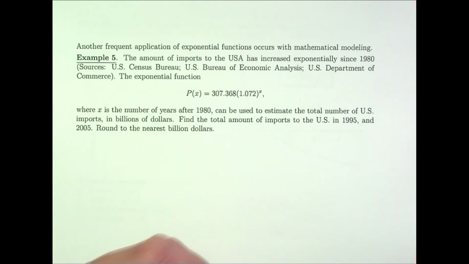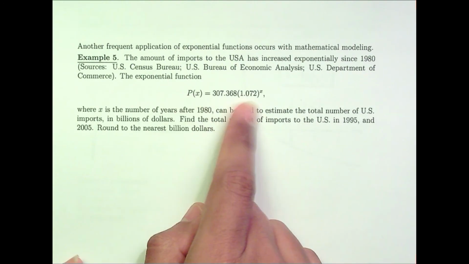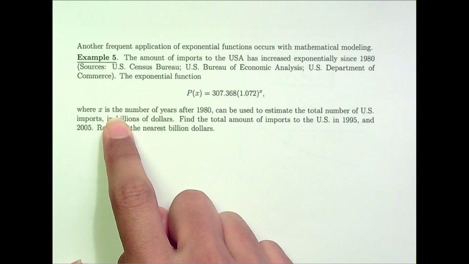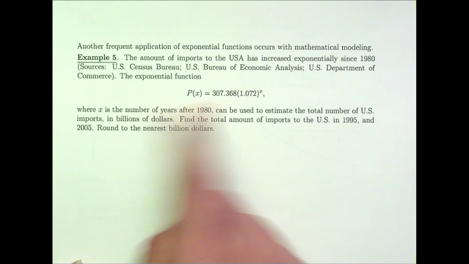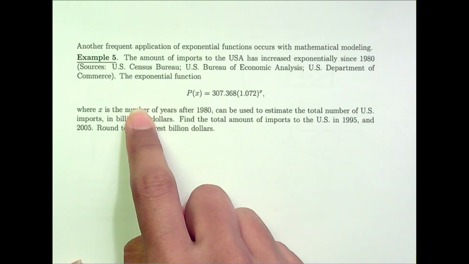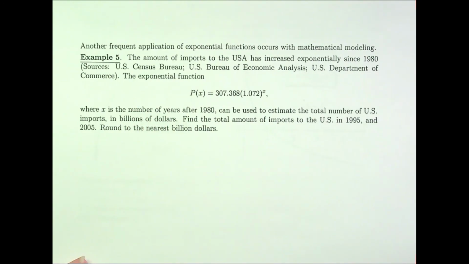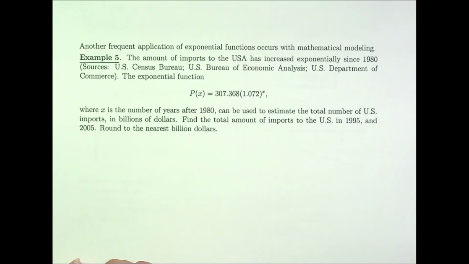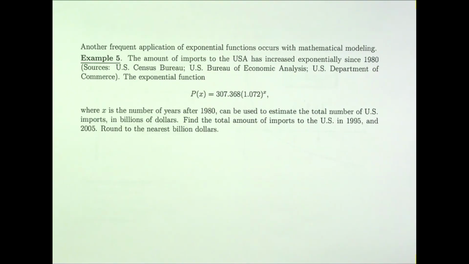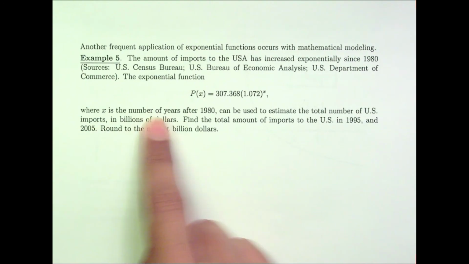And it says the exponential function, this one right here, where x in this formula is the number of years after 1980. So for example, 1981 would be x equals 1 because that's 1 year after 1980. 1982 would be x equals 2 because that's 2 years after 1980 and so on.